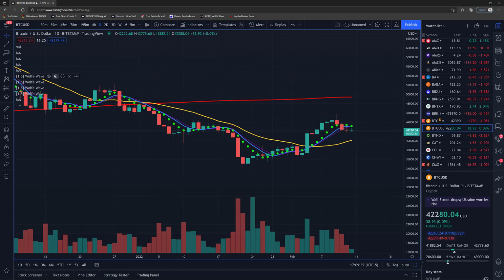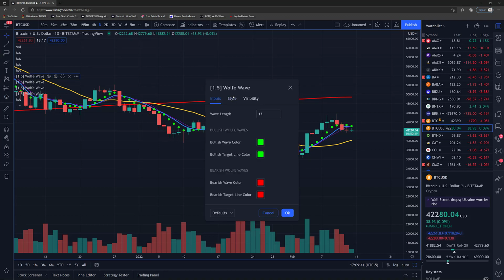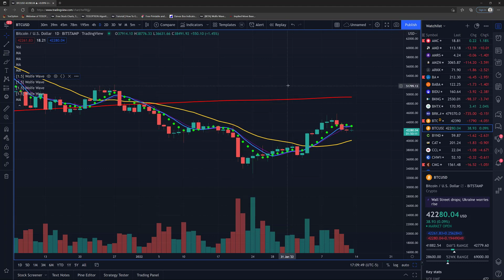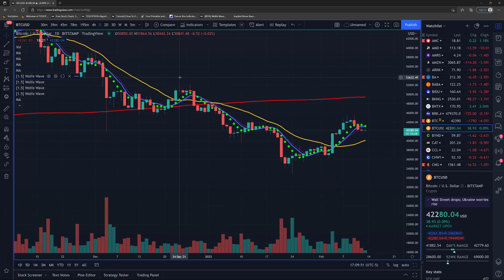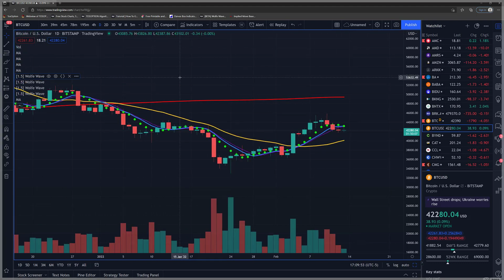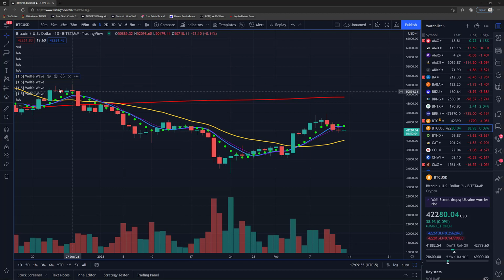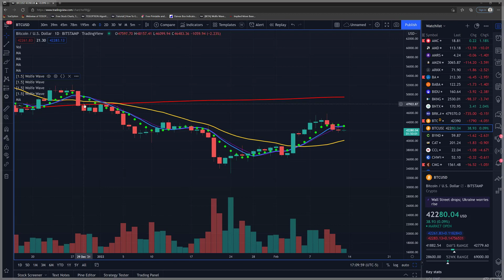Now for the Wolfe wave, what you want to do is look at this, and you see the bullish colors is green and the red is bearish, and then what you want to pay attention to is the wave length. 13 is just a length input parameter we use, and not all Wolfe waves are going to be captured.